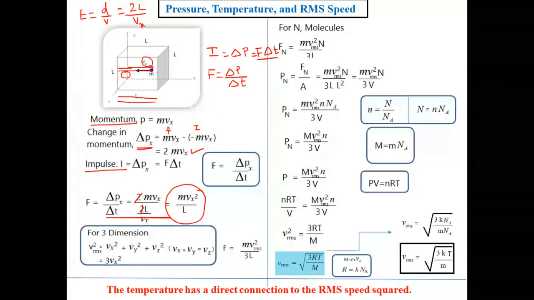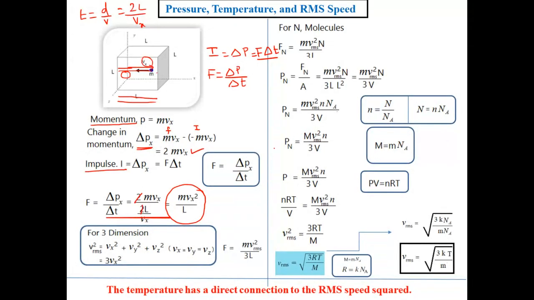Why 2L? My dear, when the molecule is moving from this point to this point, it will travel L distance.